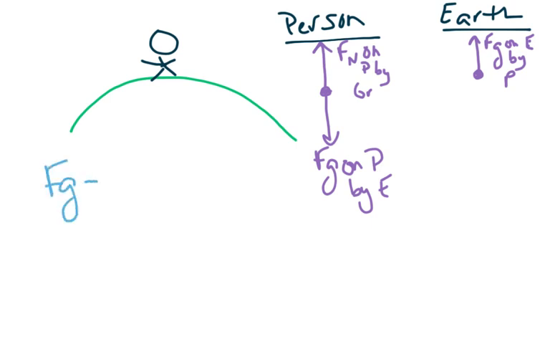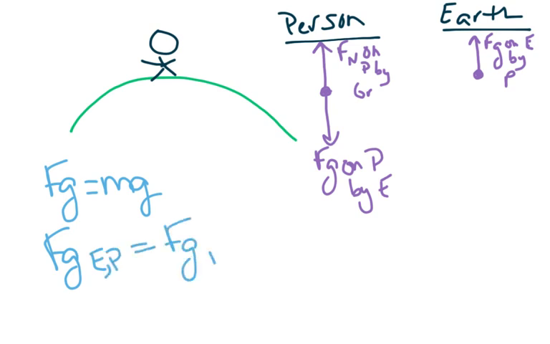So if we go back to the equation of the gravitational force, or weight, mass times the gravitational field strength, the gravitational force on the person by the earth is equal to the gravitational force on the earth by the person. For the earth, it has a gigantic mass but feels a tiny field strength from you. You have a tiny mass, but feel a large gravitational field strength from the earth.